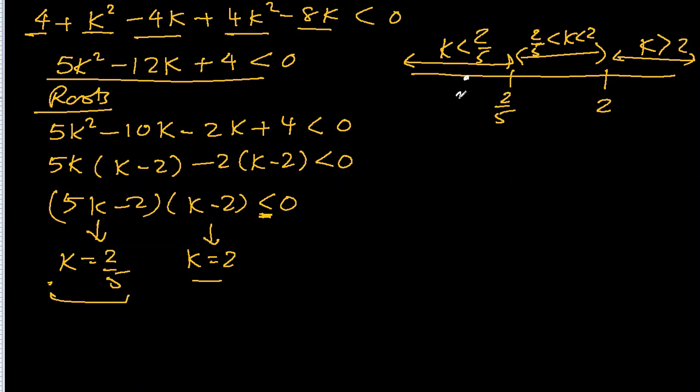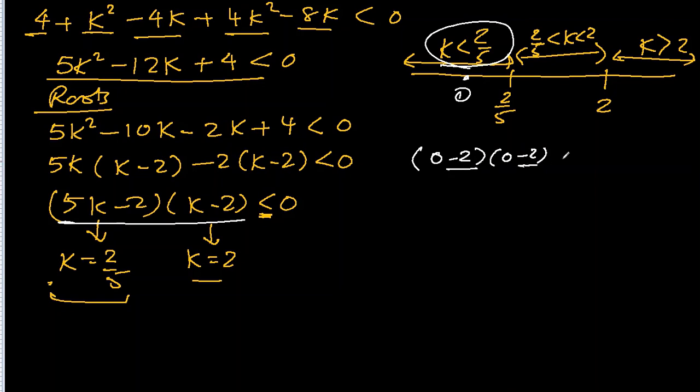Let me take 0. 0 is less than 2/5, right? So if 0 works, this will be our answer. So let me put it here. 5 times 0 is 0 minus 2, and 0 minus 2 is also 0 minus 2. This will give me plus 4, right? Plus 4 is not less than 0. That means this is not a solution.